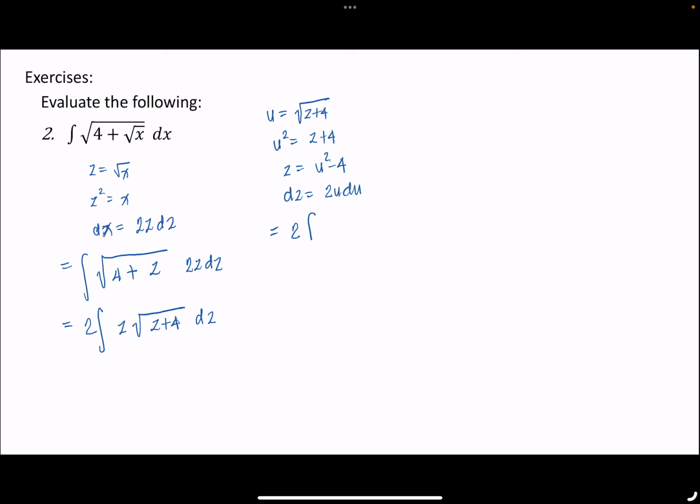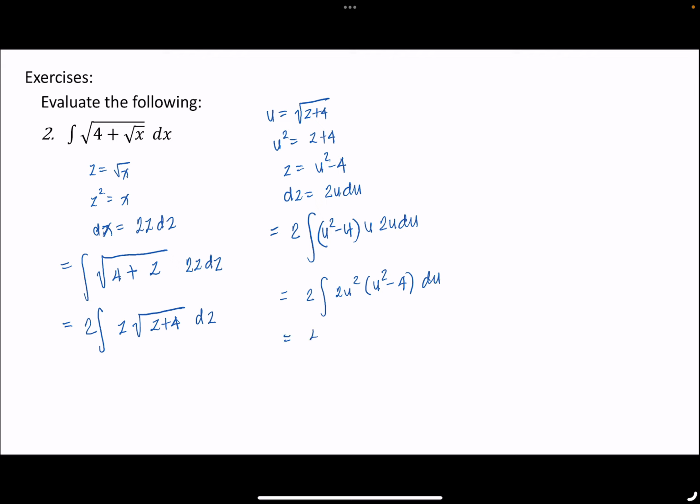With that, we can now apply the substitution. So we have 2 times the integral of z, which is u squared minus 4, and the square root of z plus 4 is u, and dz is 2u du. So we have 2 times the integral of 2u squared times (u squared minus 4) du.